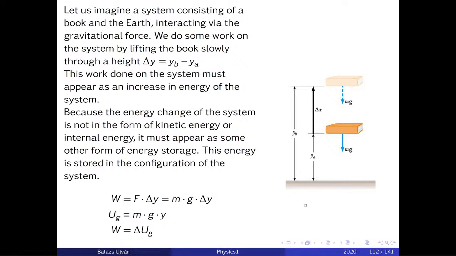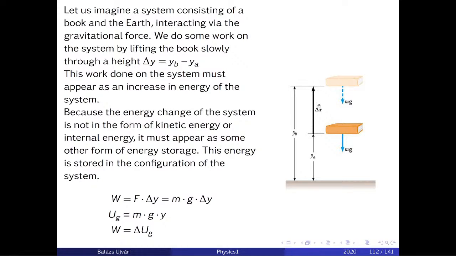And upside down, if you release the book and it falls down, the force on the body is the weight, and it moves from a higher to a lower level. Oh no, I was wrong.